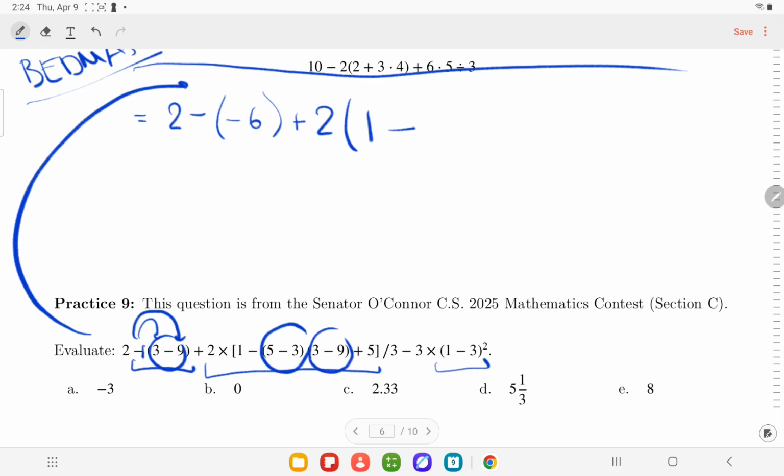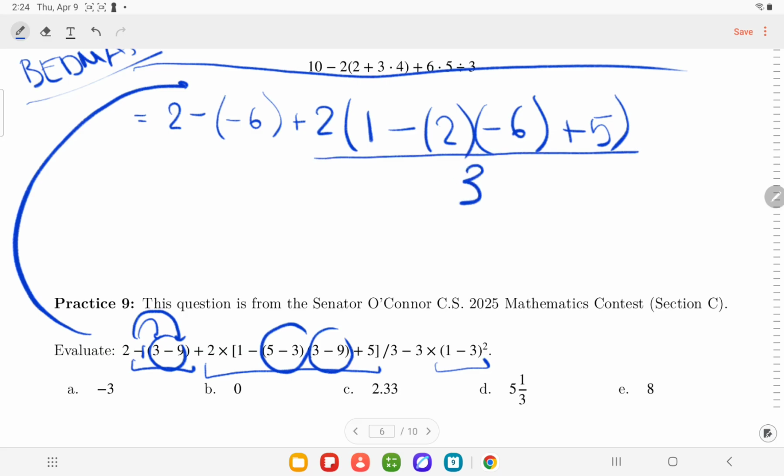So we have 5 minus 3, which is going to give us 2. And this is multiplied by 3 minus 9, which is negative 6. And then plus 5. And then this entire term is divided by 3.